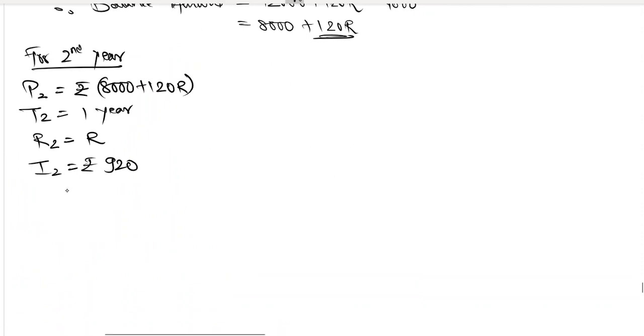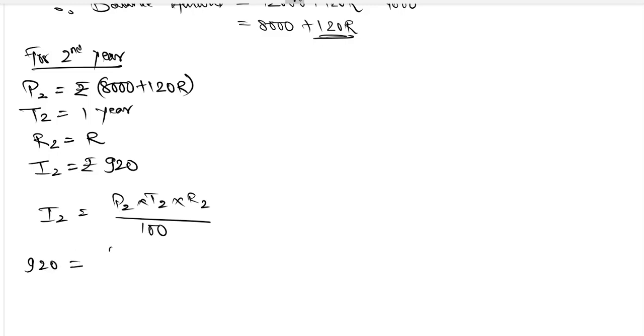How to calculate this? So I2 is equal to P2 into T2 into R2 upon 100. So 920 is equal to 8000 plus 120 R into T2, that is 1, into R upon 100.